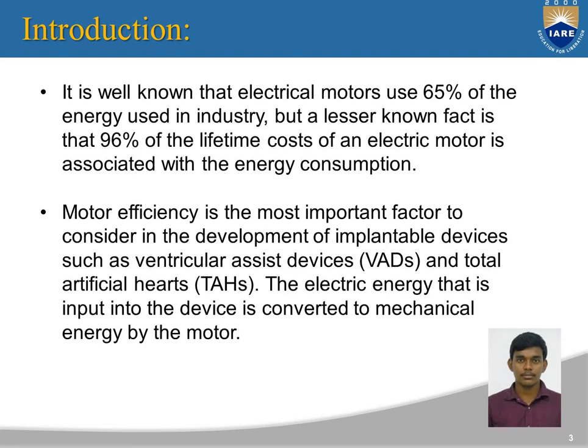For example, if you take any electronics industry, let's take a mobile manufacturing company, there is going to be a conveyor belt where they use a big-size motor. So 65% of the industrial energy is consumed by the motors themselves. So there is a need to increase their efficiency and decrease their energy losses.